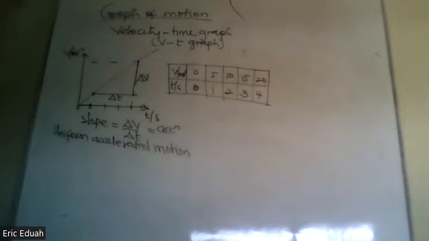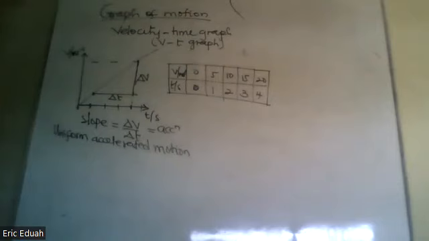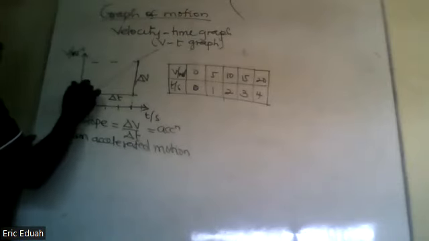All right. So for uniform accelerated motion, let's take y2 to be 10 and y1 to be 5, so let's put in our values.